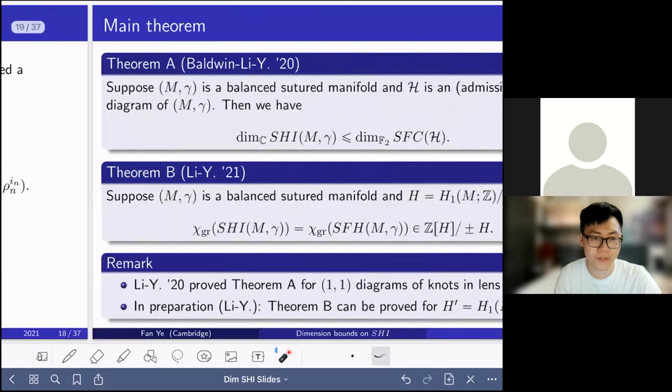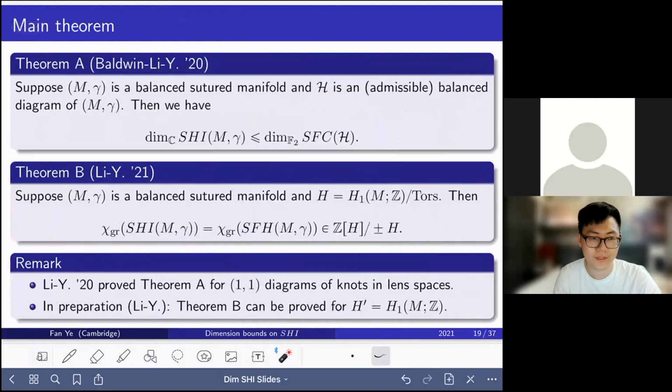Then we are going to state our main theorem. The first theorem: suppose (M, gamma) is a balanced sutured manifold and H is a balanced diagram of (M, gamma). There is some admissibility condition for H, but it is contained in the definition of sutured Heegaard Floer theory, so we just choose a good diagram. Then the dimension of SHI is less than or equal to the dimension of the chain complex.